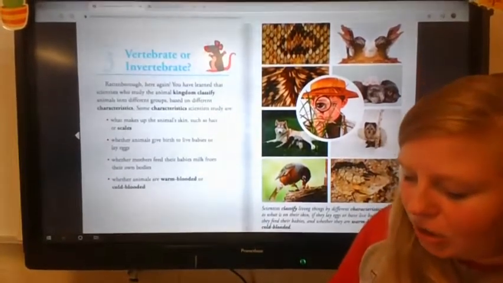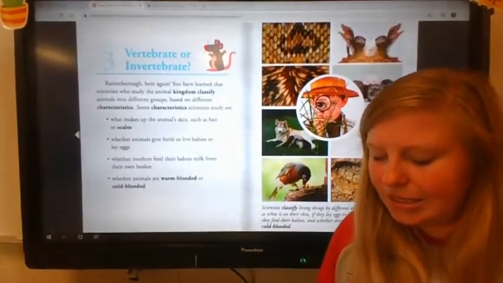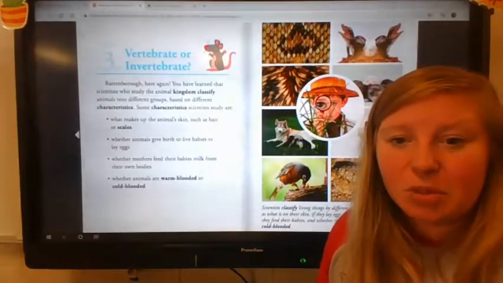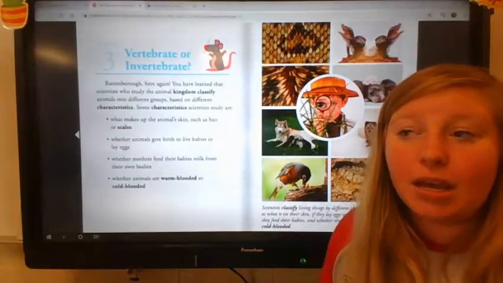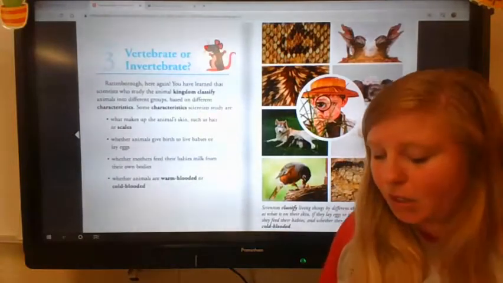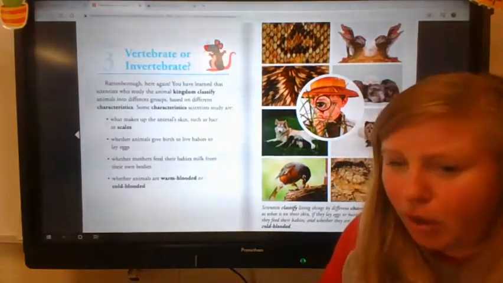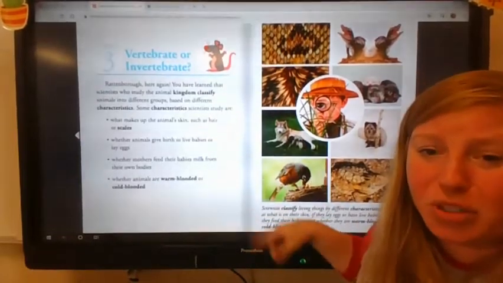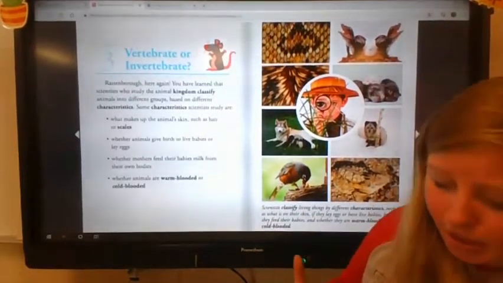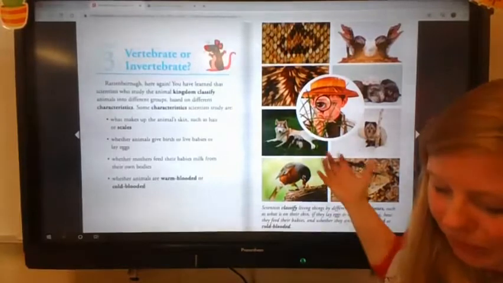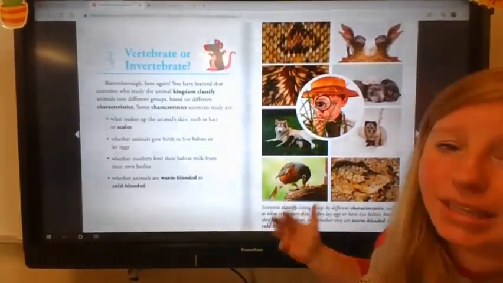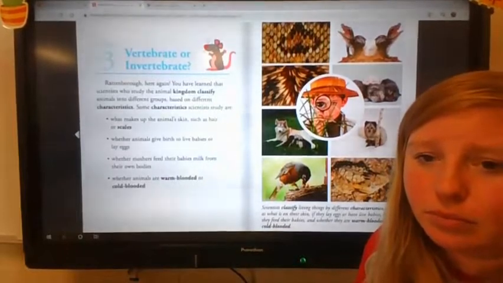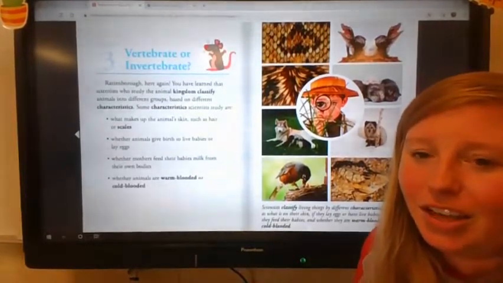It's saying scientists classify. We'll talk more about classification or classifying animals in the read aloud video. Also, since these are our text features and we're talking about nonfiction, what information can we gain from these two text features? What information is it giving us? Think about it for a second.